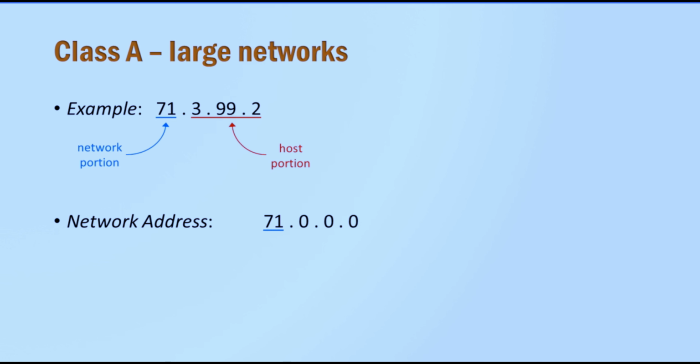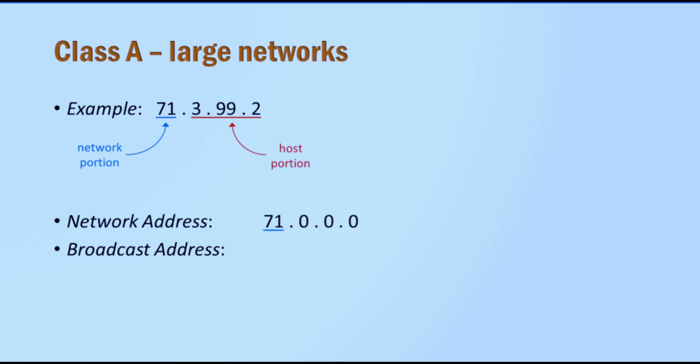So 71.0.0.0 is going to be our network address for this example. Now, how do we determine the broadcast address? It's similar. So we also need to copy the network portion, which is 71, and then in the host portion, we're going to put all ones. Of course, this is in binary format.